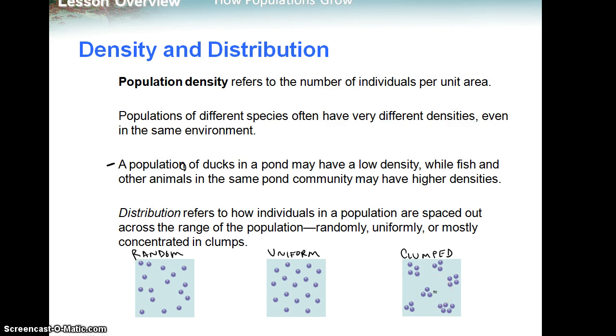So you could think of this as, maybe a family of rabbits or a family of wolves that live all together. And they're going to have a clumped distribution. They're not going to space out unless something makes them separate from one another. So when we talk about population, we want to talk about its density and its distribution across the habitat.